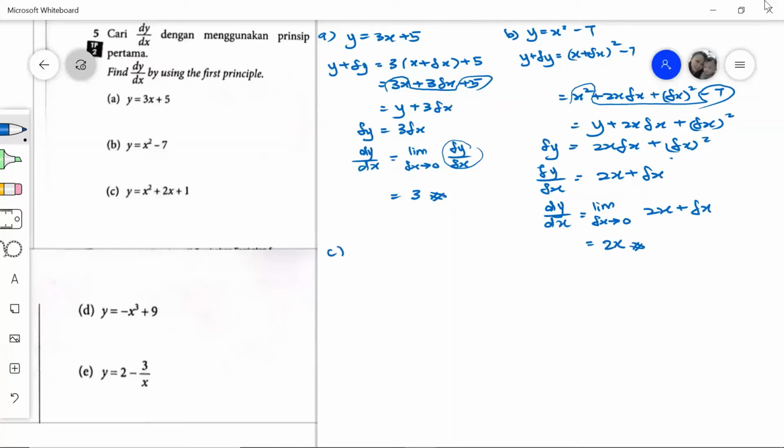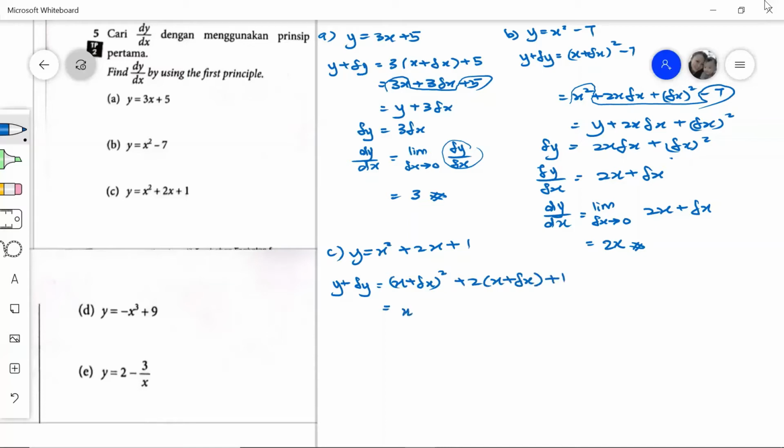For C, y equals x squared plus 2x plus 1. With the first principle, we are looking for another point that is very close to y itself. Same thing, x will also experience very small changes. So x plus del x squared, plus 2 times x plus del x, plus 1.